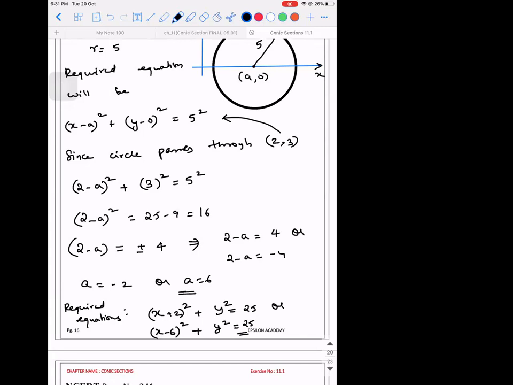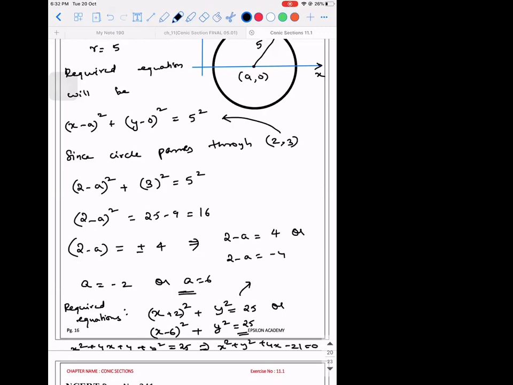So the answers given are x square plus y square plus 4x minus 21 equal to 0 and x square plus y square minus 12x plus 11 equal to 0. That is because they have expanded and written it. So if I expand this, I'll have x square plus 4x plus 4 plus y square is equal to 25, which implies x square plus y square plus 4x minus 21 is equal to 0.